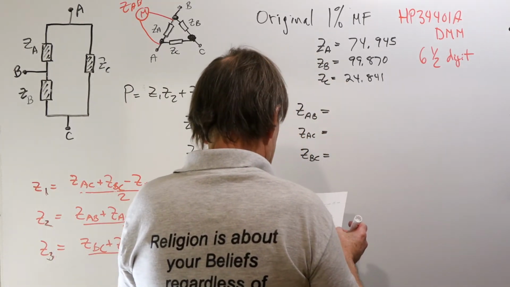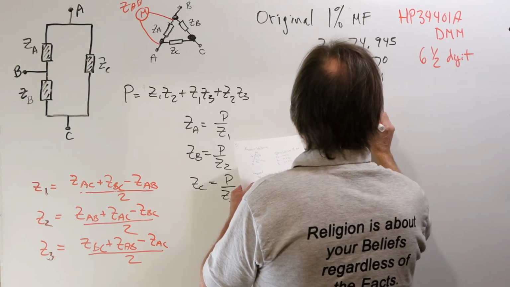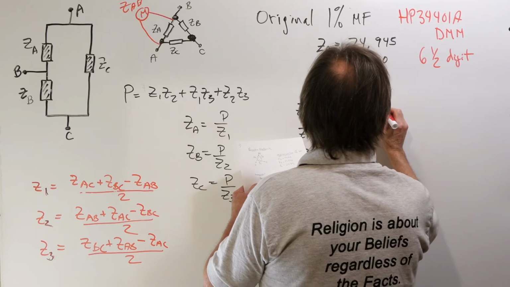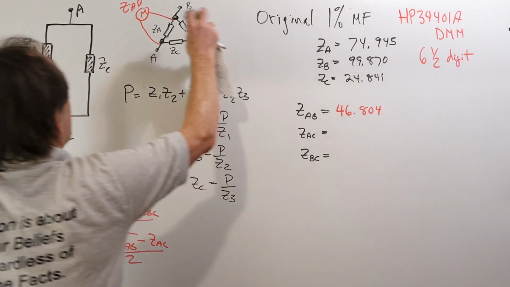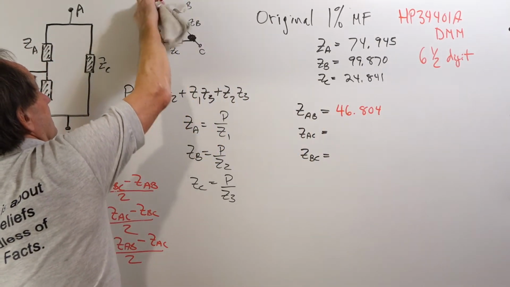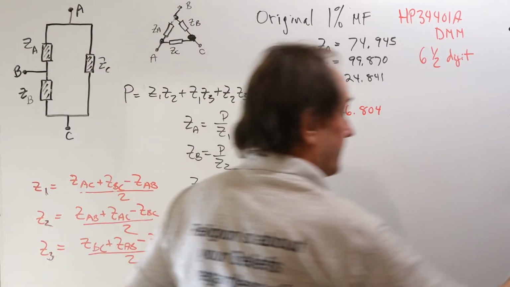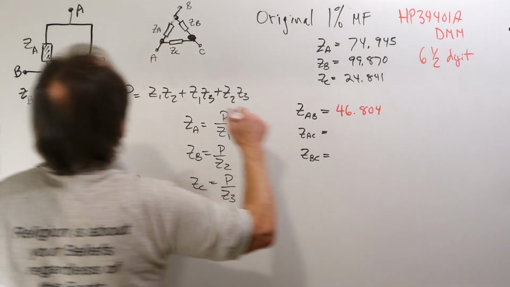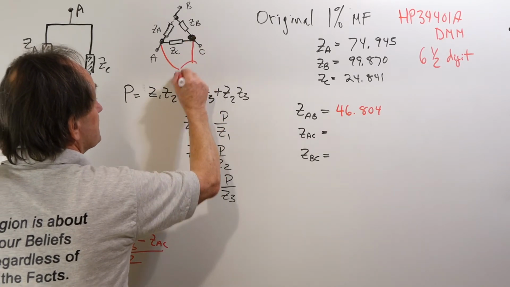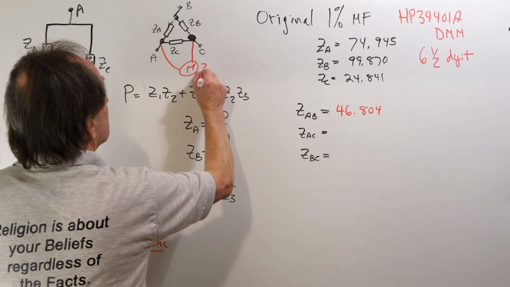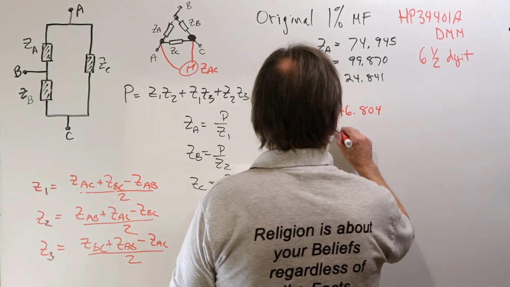ZAB measured 3 different times, and I averaged the readings, and ZAB is 46.804. Then I moved the multimeter over to another node pair for ZAC. For ZAC, we connect the probes between nodes A and C and measure between the 2 nodes with the multimeter. 3 readings, and I averaged them.